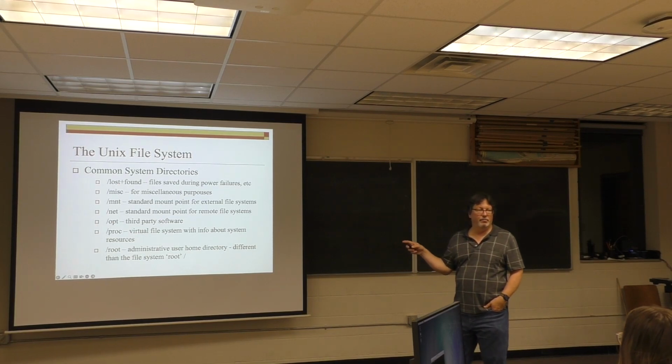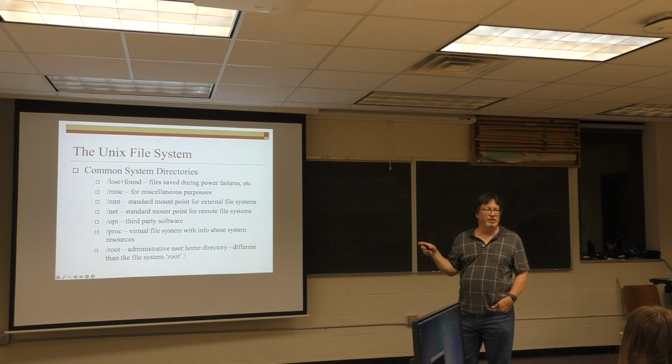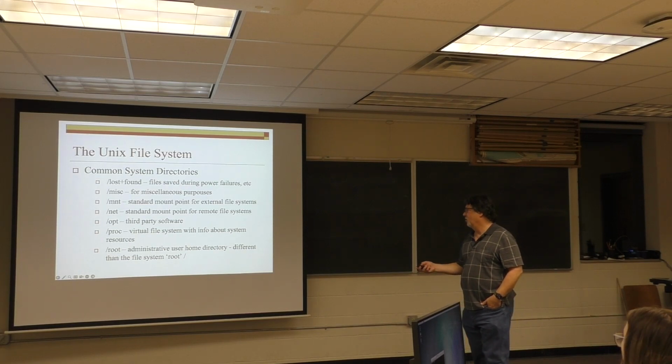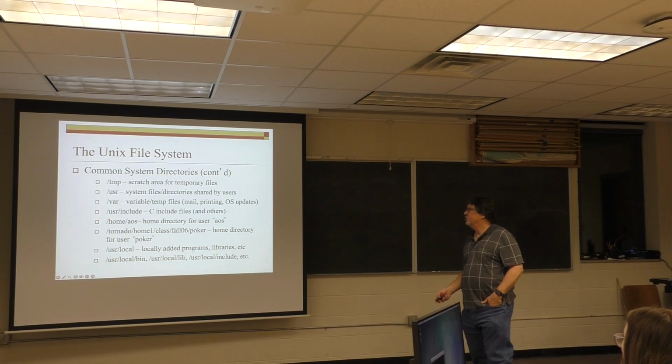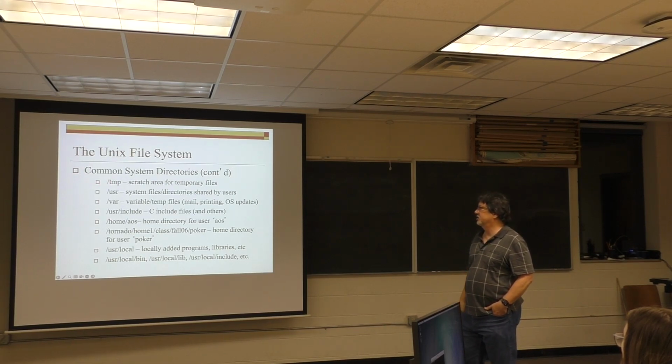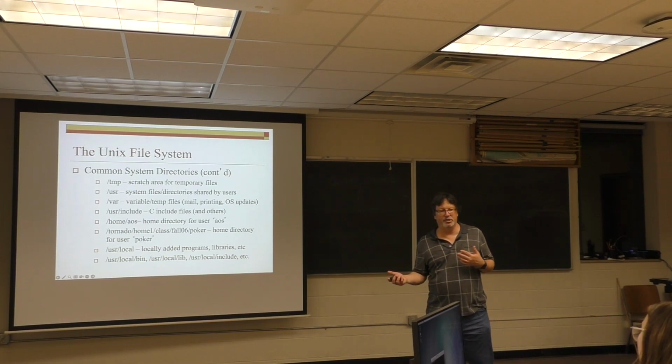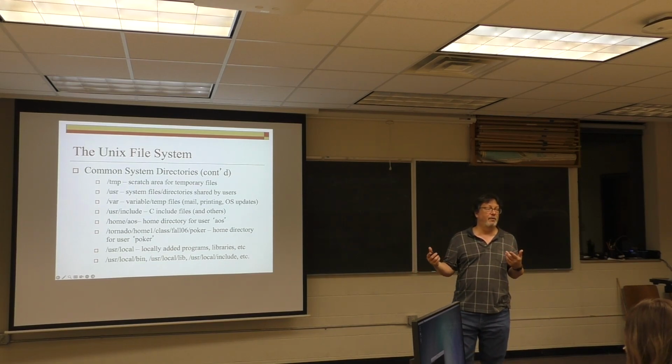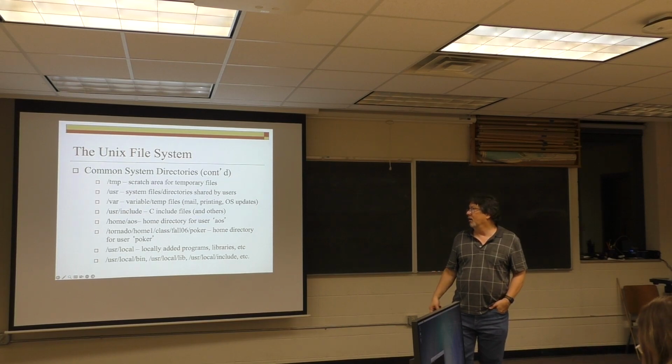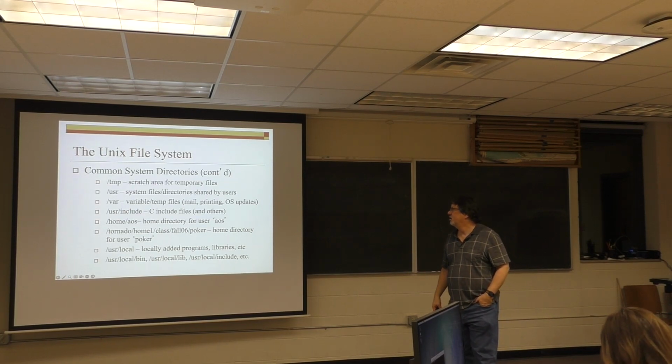Remember I talked a little bit ago about this user called root who was the super user. Their home directory is in /root, usually. Usually there's a /tmp, which is a temporary area where, if a program just needs some temporary space to hold something, and it goes away when you're done running the program, it'll usually put it in there.